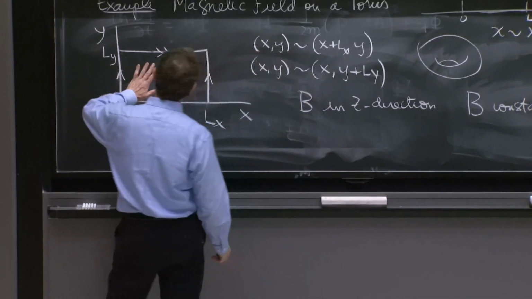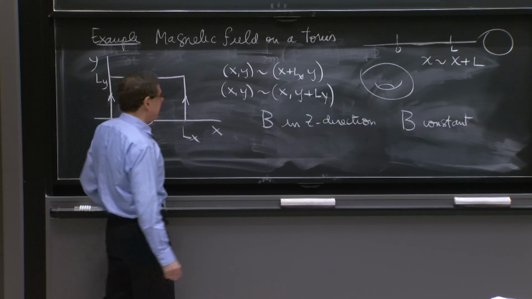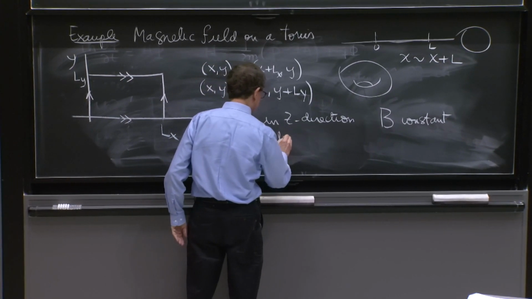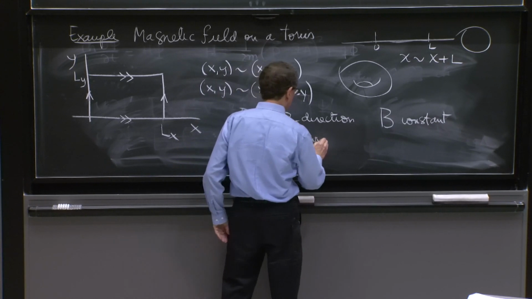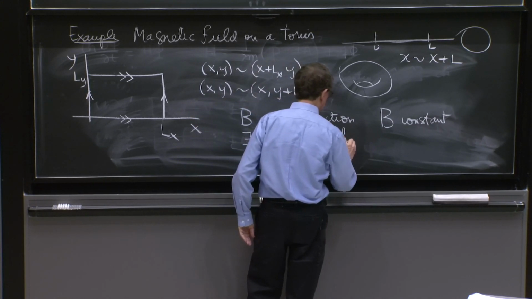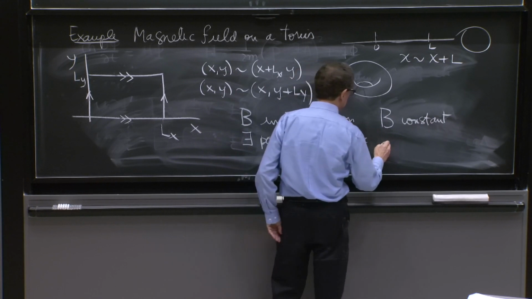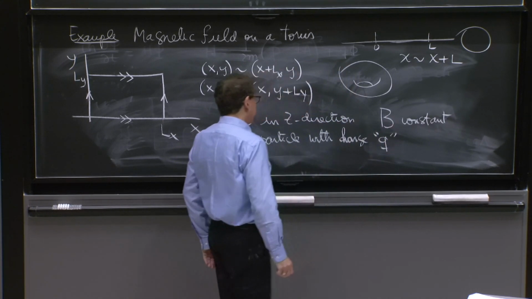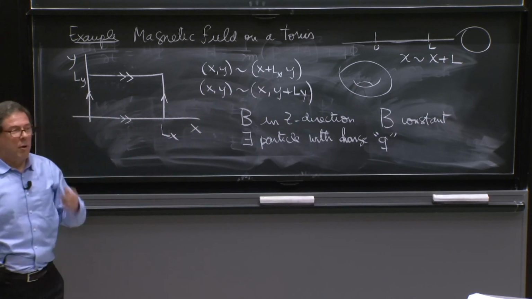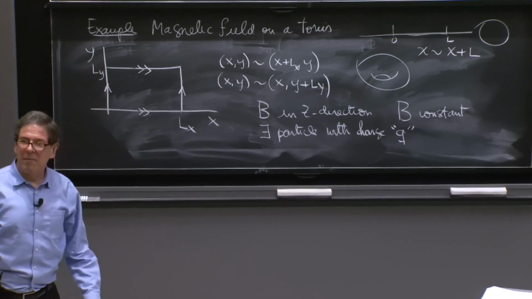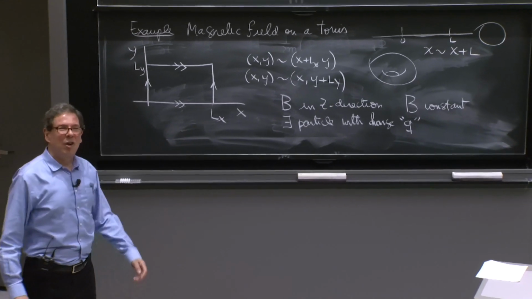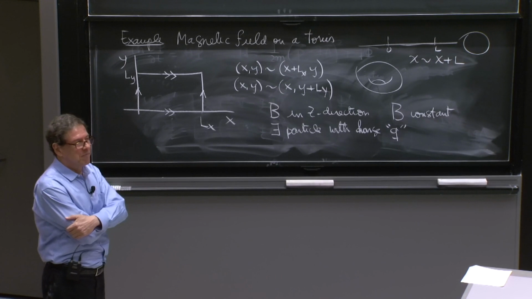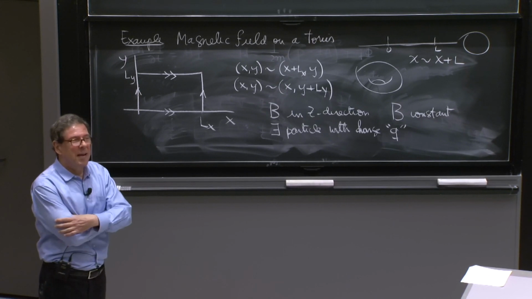The assumption is that we're doing quantum mechanics, and there exists a particle with charge, and I'll call it this time Q. So if we're doing quantum mechanics, and there exists a particle of charge Q, I need potentials to describe the quantum mechanics.